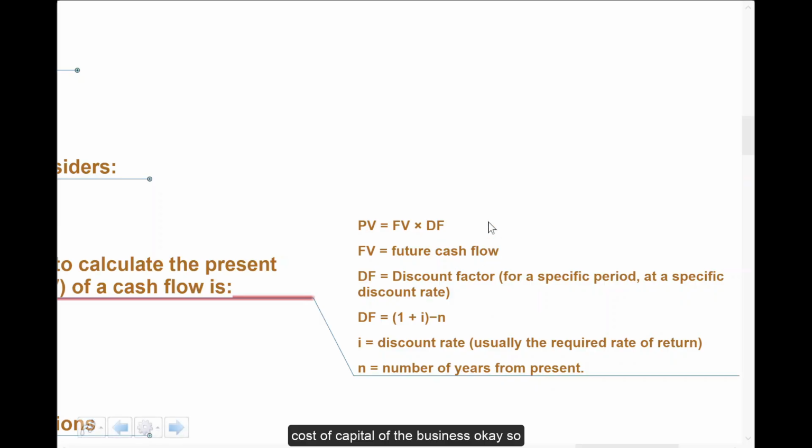Okay, so working out the present value of a given number is actually quite straightforward, and once you've done it, if you haven't done it already several times, you'll find that it's quite easy to do. But do remember, obviously, that investment appraisal decisions are made up of a series of different cash flows and a series of different years, and we've got to be familiar with how to use these formulas.